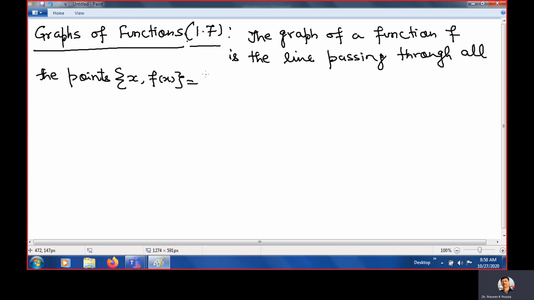You can write this as x comma f(x) or you can write it as x comma y. Clear? On the xy plane.